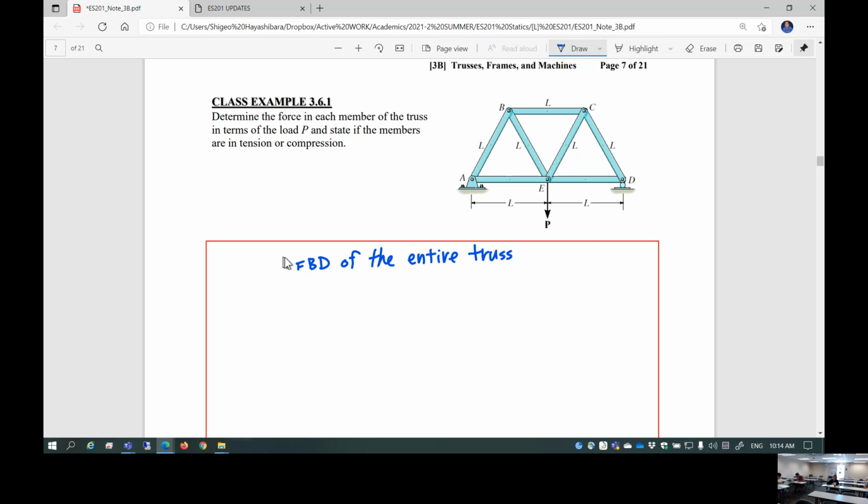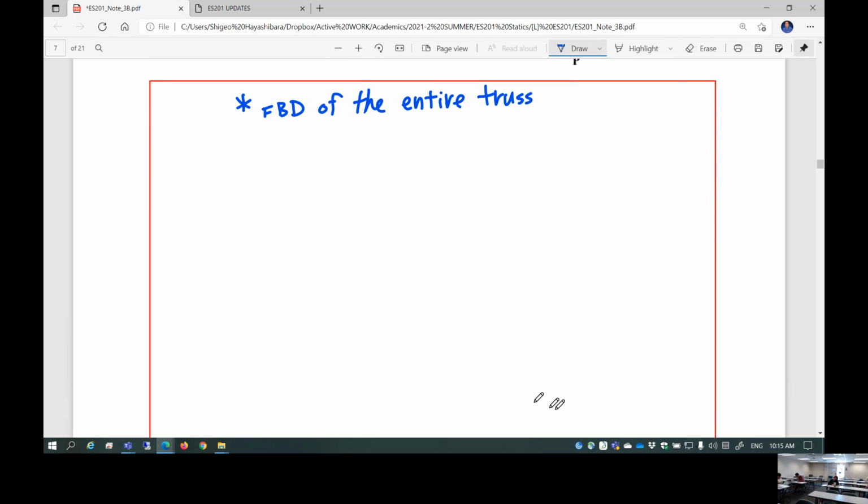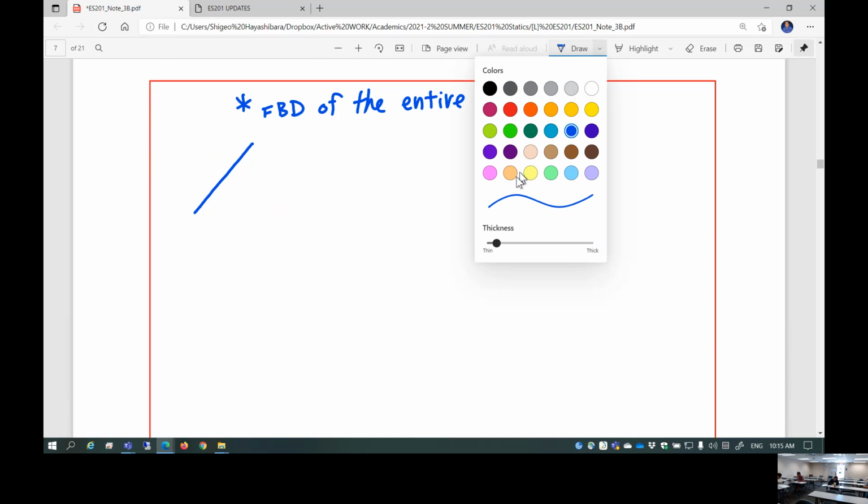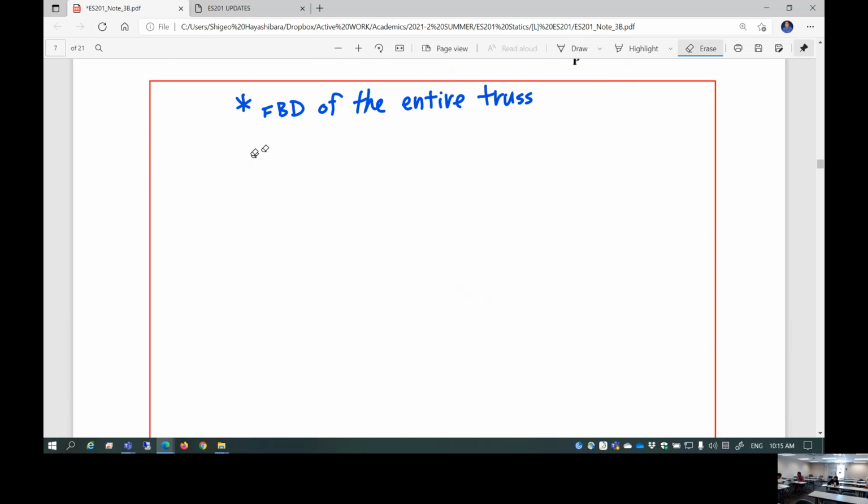The purpose of this free body diagram is, of course, to find the support reactions. I'm going to carefully sketch it out.